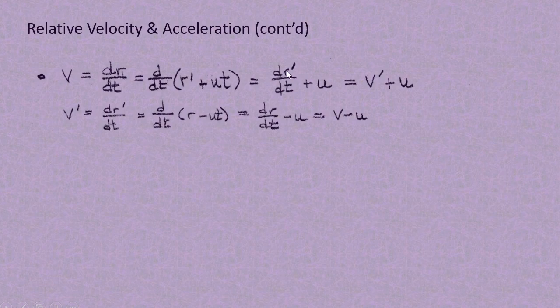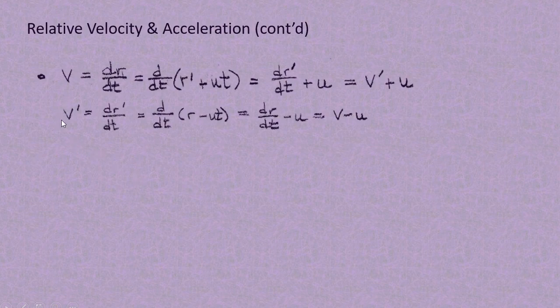Now dr prime dt is the definition of the instantaneous velocity from the moving reference frame, which we call v prime. So now we know that the velocity from the stationary reference frame is equal to the particle's velocity relative to the moving frame of reference plus the velocity of the moving frame from the point of view of the stationary observer.